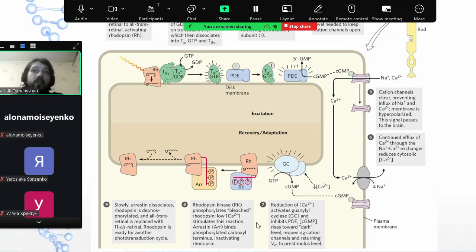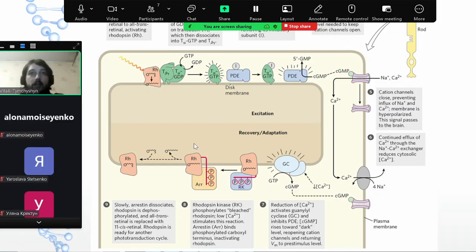The rhodopsin kinase phosphorylates the bleached rhodopsin, so whenever it changes its conformation, it is now possible to phosphorylate it, thus shutting it off. First of all, arrestin binds to the phosphorylated carboxyl terminus and basically inactivates it. So rhodopsin kinase adds a few phosphate groups.